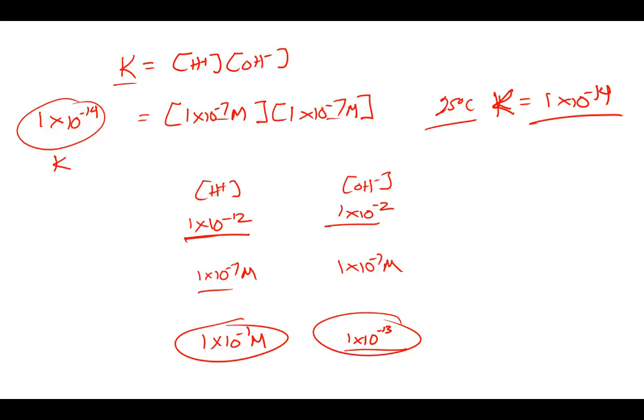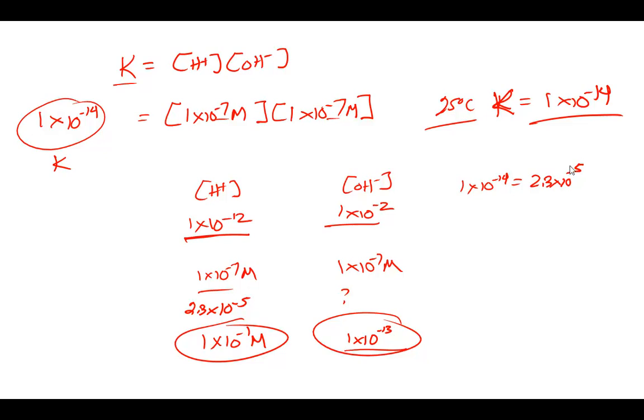Maybe I've got something like 2.3 times 10 to the negative 5th. What's my hydroxide ion concentration? And you go, well, I can't tell just looking at it. But I can solve a problem. I know that K is 1 times 10 to the negative 14th. I know that my hydrogen ion concentration is 2.3 times 10 to the negative 5th.